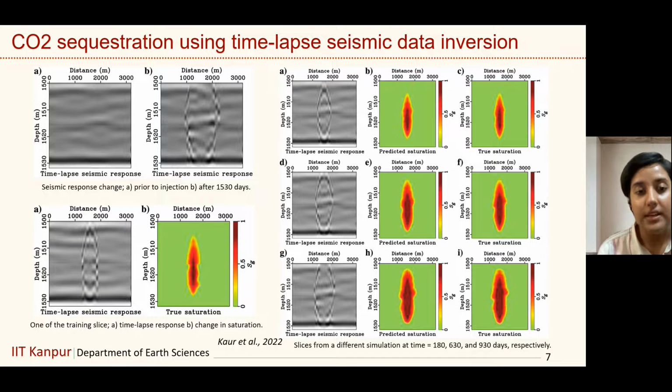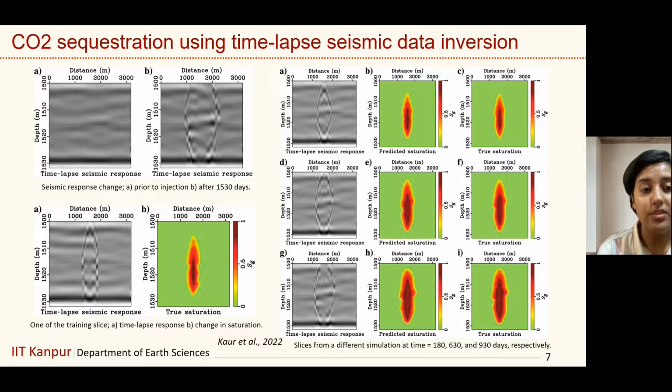Again, what they did, to train the network, they designed a neural network based on deep learning. They produced a training data set, because it's very crucial to train a neural network efficiently. Here is their time-lapse response, and the corresponding panel shows the change in saturation value of the CO2.